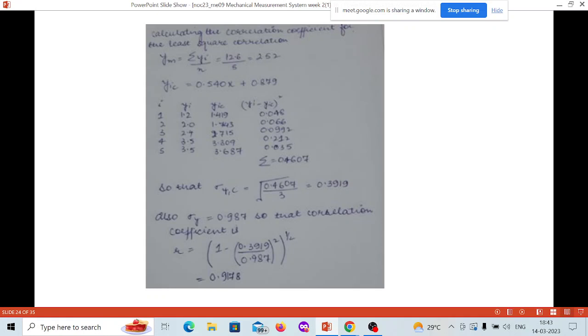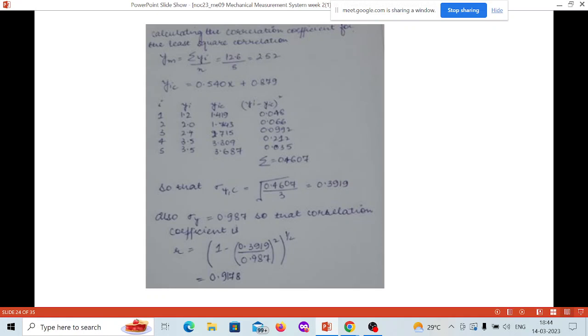Sigma y is the summation of yi minus the mean value. We have calculated the mean value as 2.52. That is, y minus y mean the whole square, divided by n minus 1. So we have to find 1 minus 2.52 the whole square, same with 2 minus 2.52 the whole square, 2.4 minus 2.52 the whole square, 3.5 minus 2.52 the whole square, and the same for 3.5 minus 2.52 the whole square.